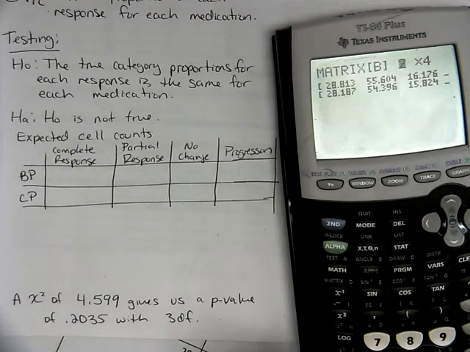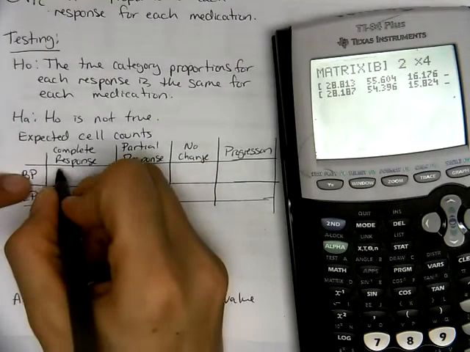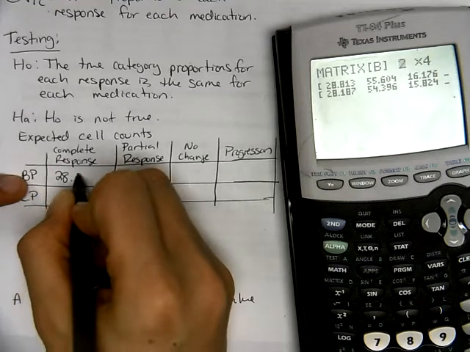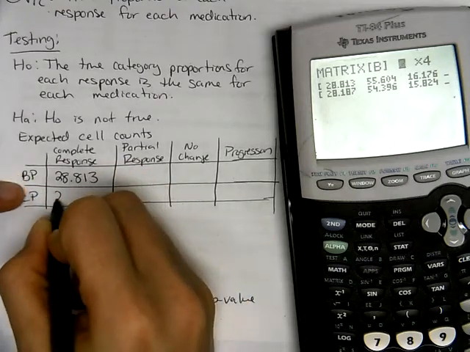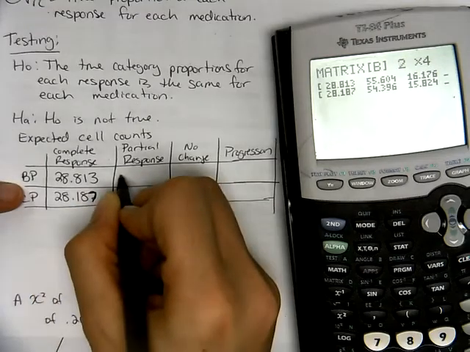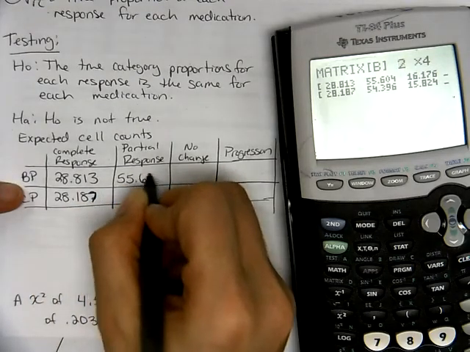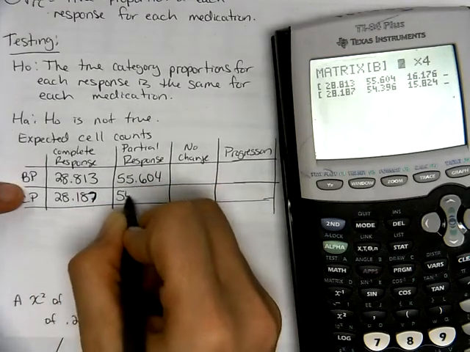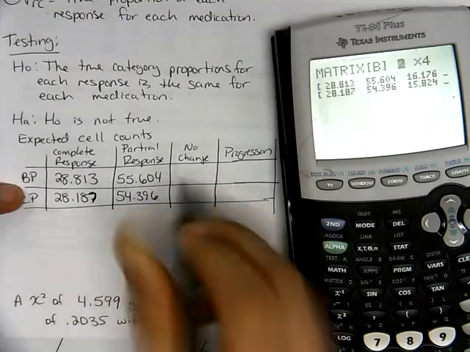So these are your expected values. It's okay, they're all going to be decimals. And then you just have to double check that your condition true 2 was actually true. So you got to make sure that they're all greater than 5.